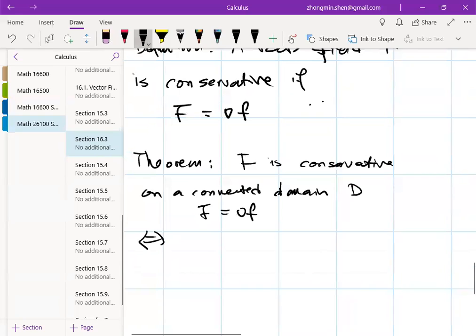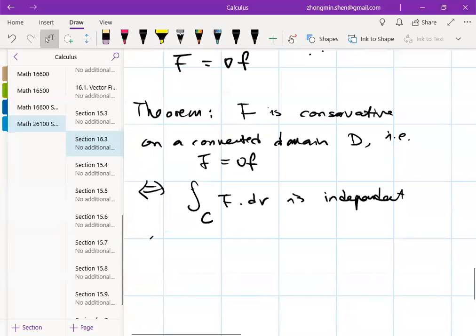And if and only if the line integral is independent of the path in D.